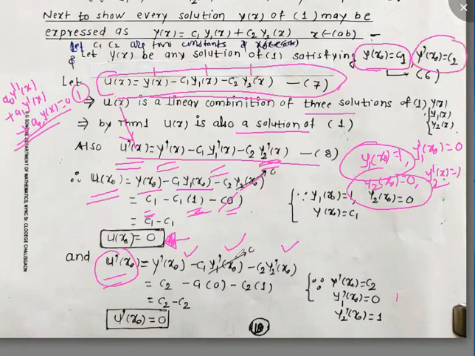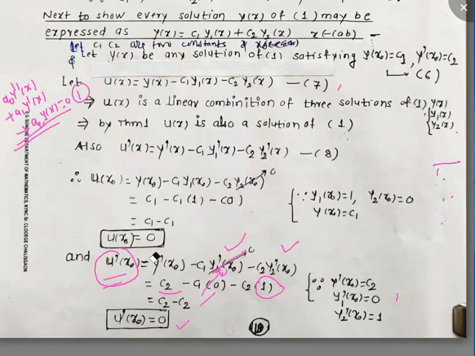Look at this equation, this is c2. Then y1 dash x0 is 0. And y2 dash x0 is 1. So this is c2, this term is 0, c2 minus c2 is 0. So u dash x0 is 0.